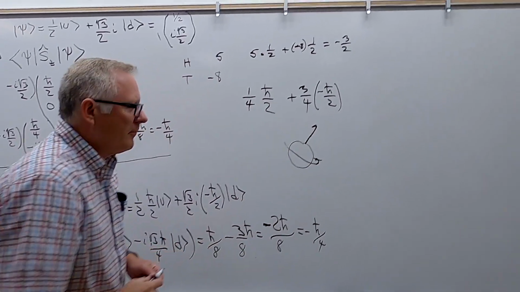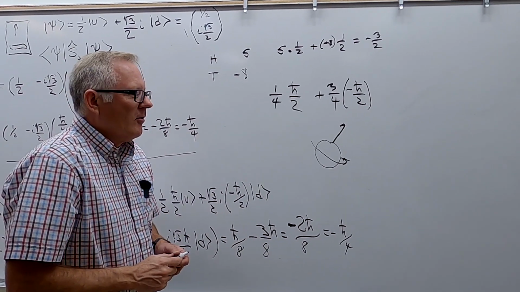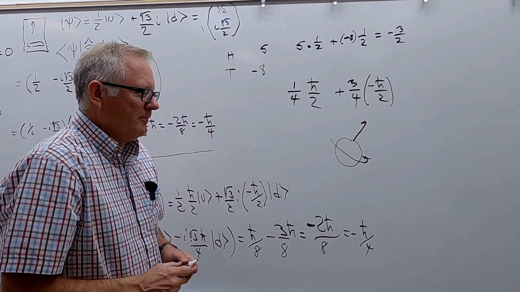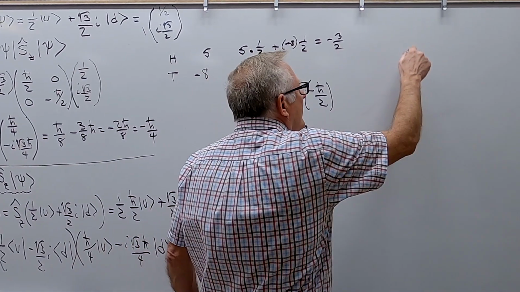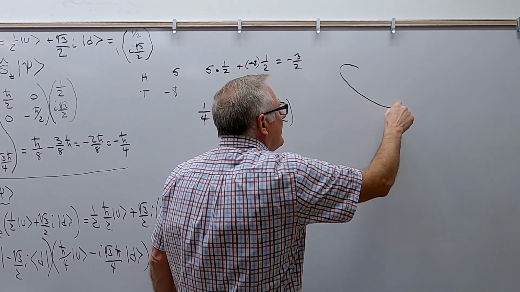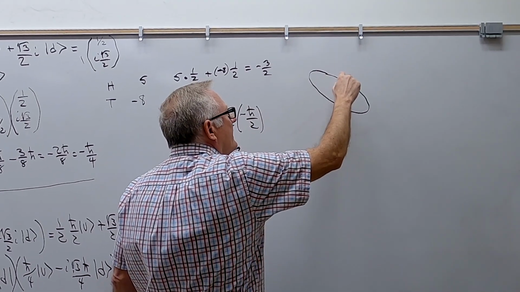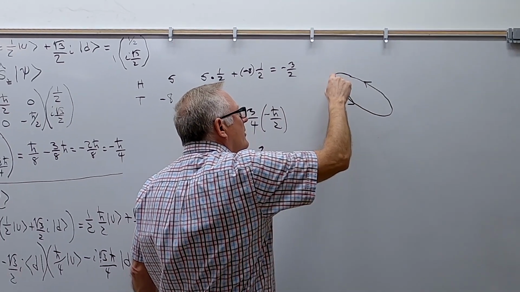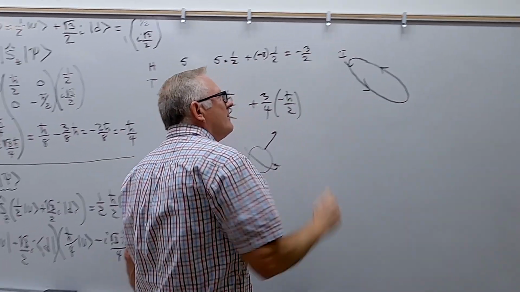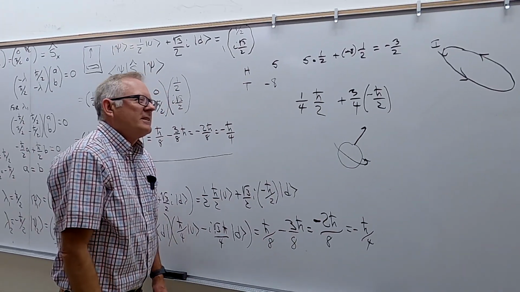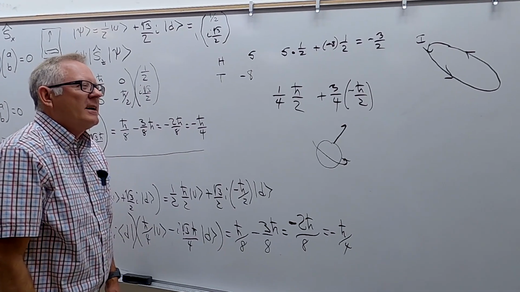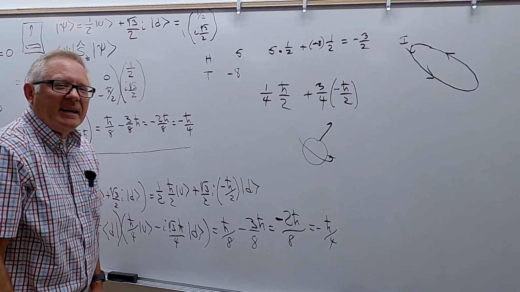Well, if you remember from electromagnetism, if you had a loop of wire here, and you had some current I going through it, you said that was some sort of a magnetic dipole.